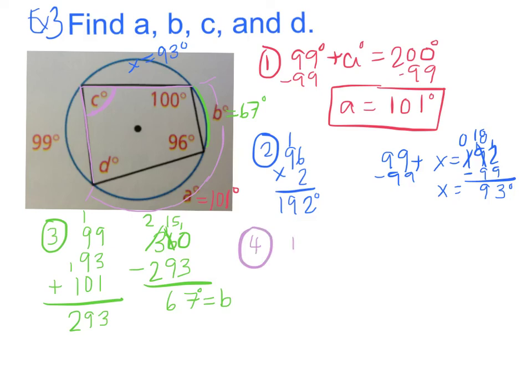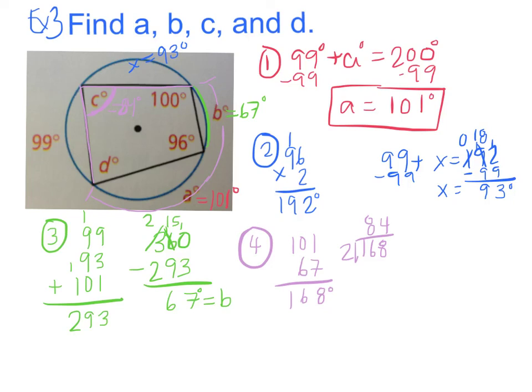That arc has 101 and 67 degrees. That's an 8, a 6, and a 1. So that means the outer arc is 168 degrees. So half of that will be angle C. That's 84 degrees. So that's 84 degrees. All right, we're getting there.